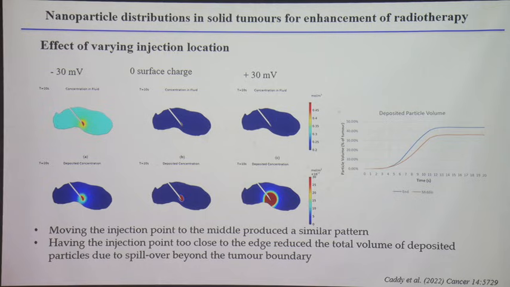And you can also do some more quantitative analysis by looking at the total deposited particle volume relative to the tumor size. That gives you a clearer comparison of the difference in injection location.